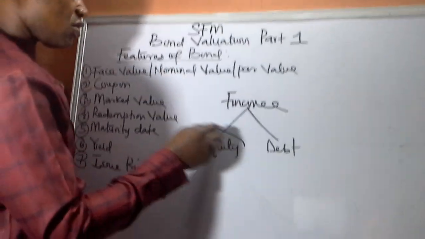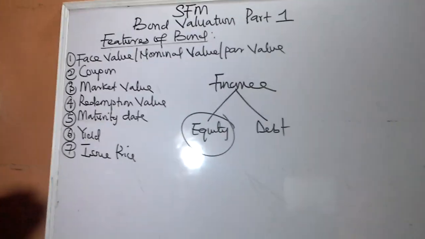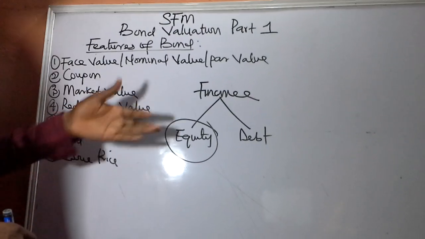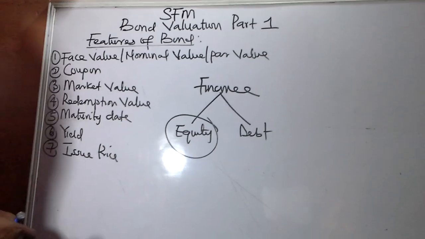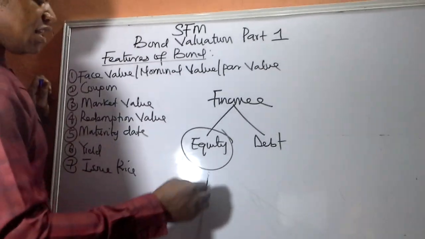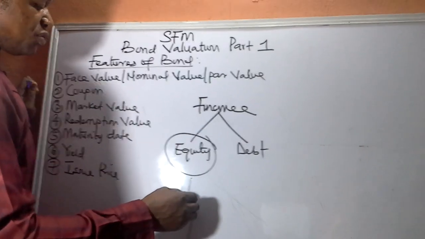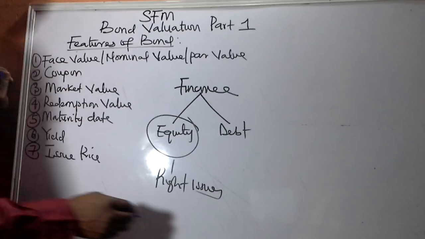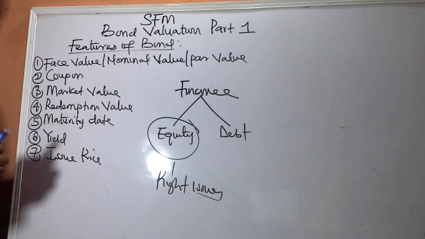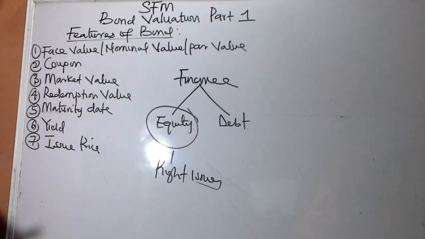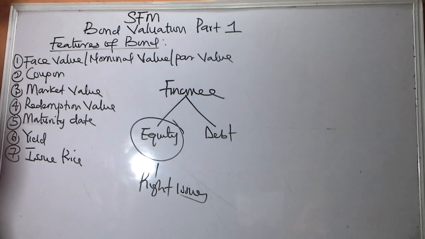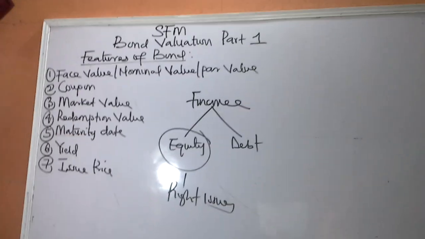Equity talks about raising finance through the issue of shares, and we have talked about this. Under equity, we dealt with the rights issues. So we are done with rights issue. Now we are on debt. And one of the means through which funds are raised through debt is to issue bonds.